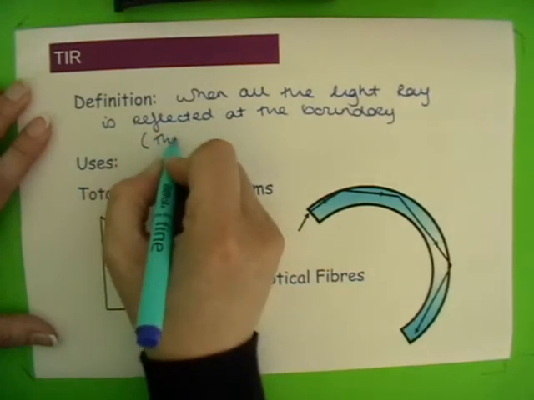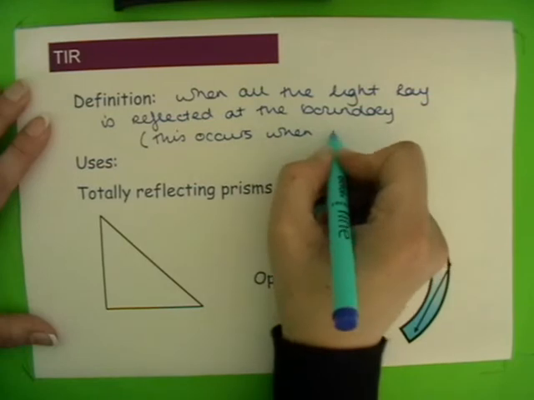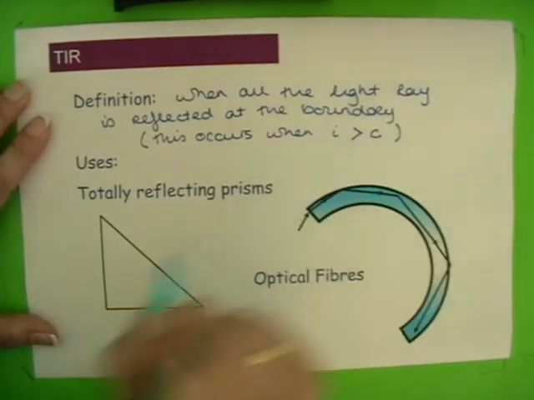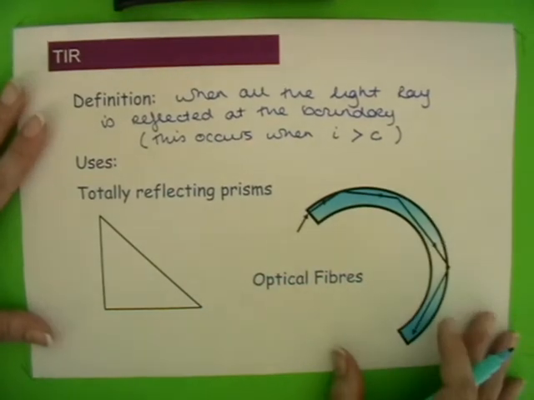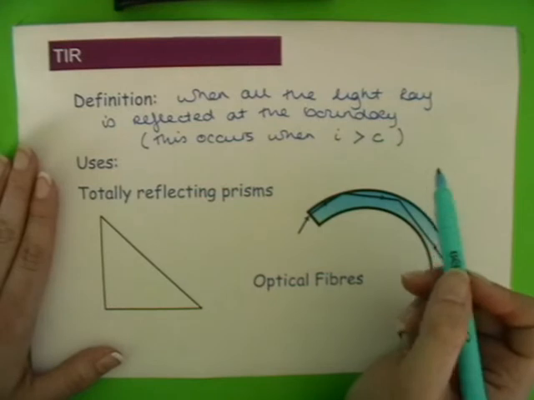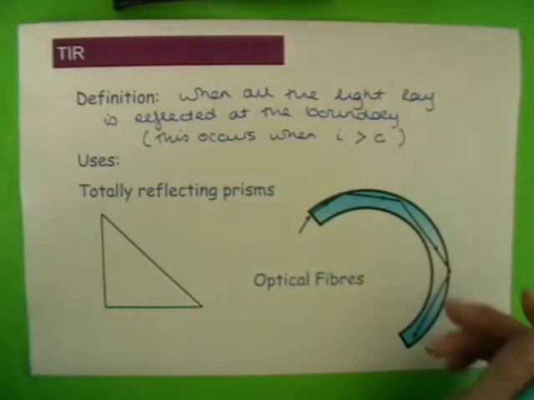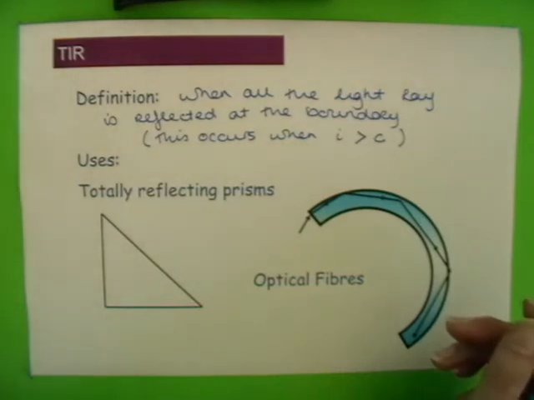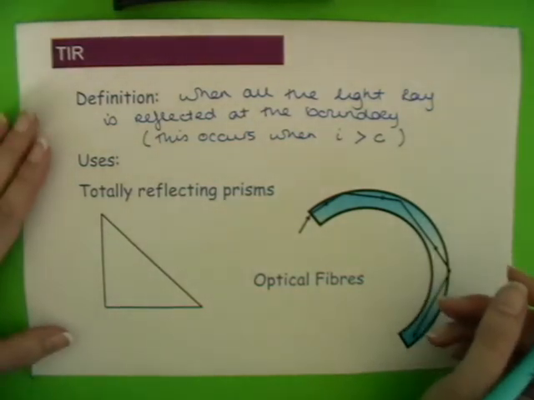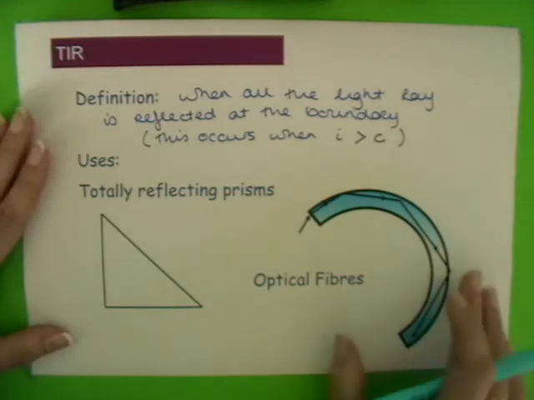And this occurs when the angle of incidence is greater than the critical angle for that material. Depending on whether it's glass, perspex or water, the critical angle will be different. So, total internal reflection, a definition of it again, is when all the light ray is reflected at the boundary. And this occurs when the angle of incidence is greater than the critical angle for the medium.